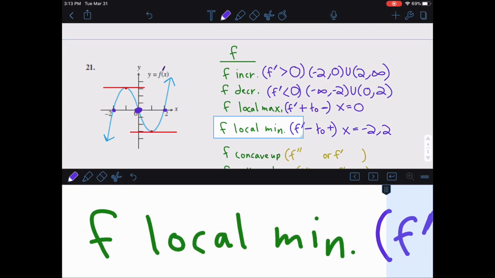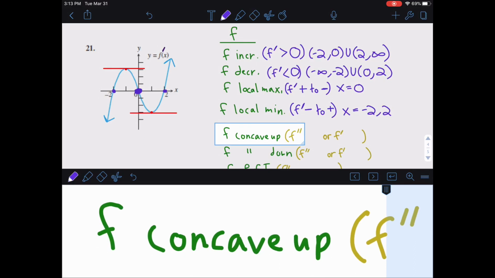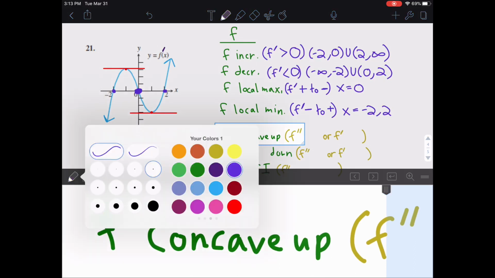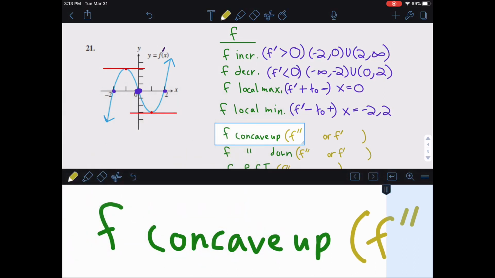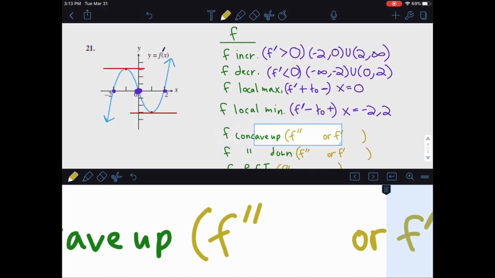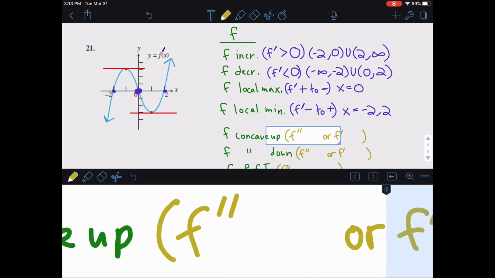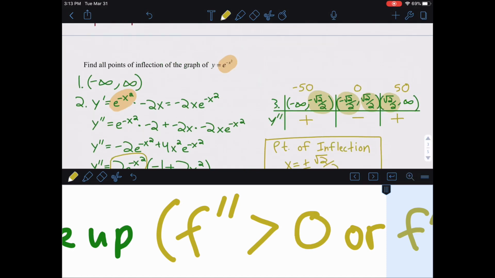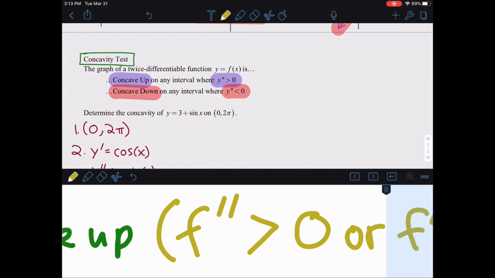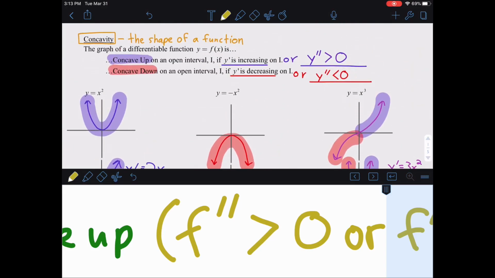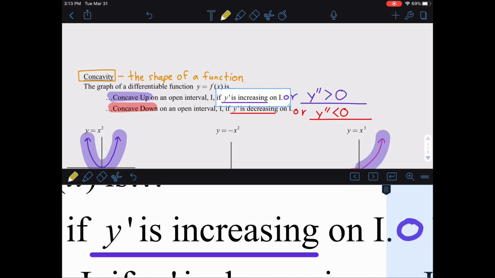Okay, let's talk about f's concavity. Now, normally when we deal with concavity, we do the concavity test. If I want to know where f is concave up, that's going to be where f double prime is positive. But if we scroll back up, if f double prime is positive, that means that the first derivative is increasing.